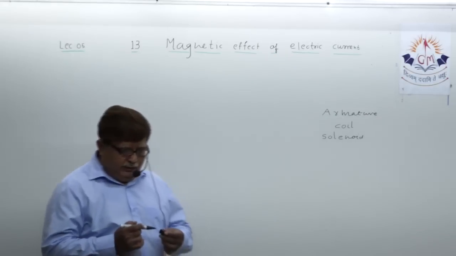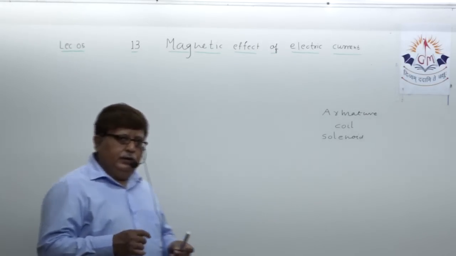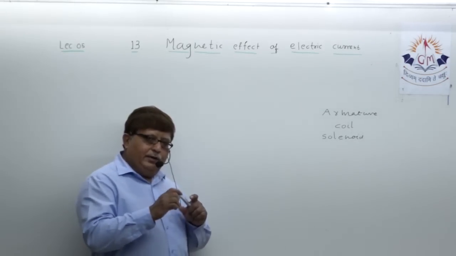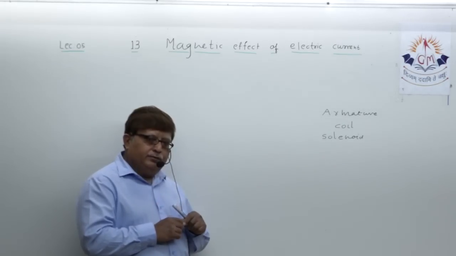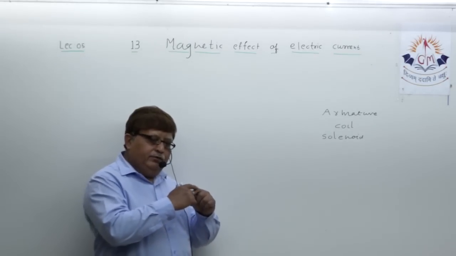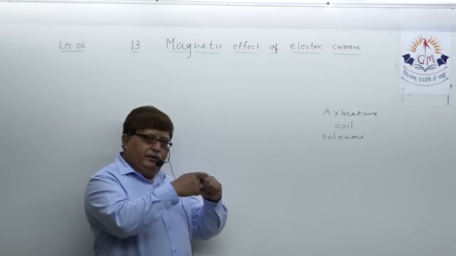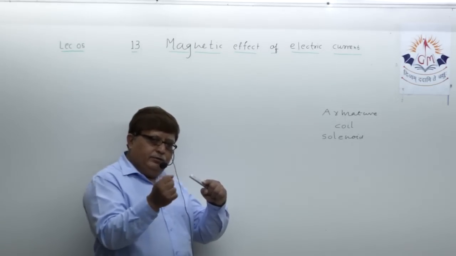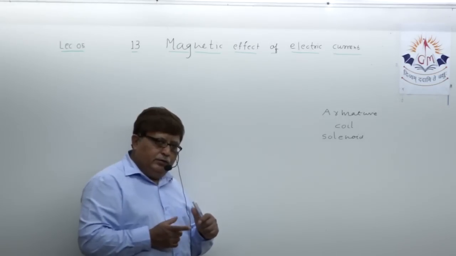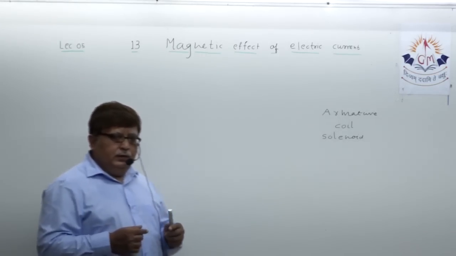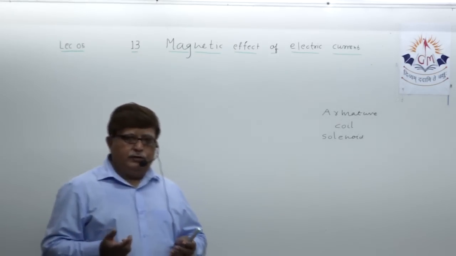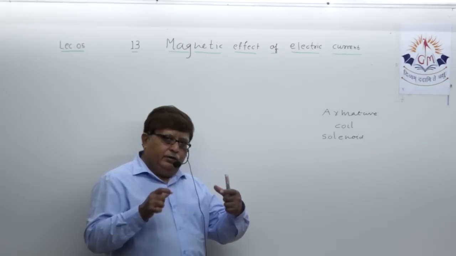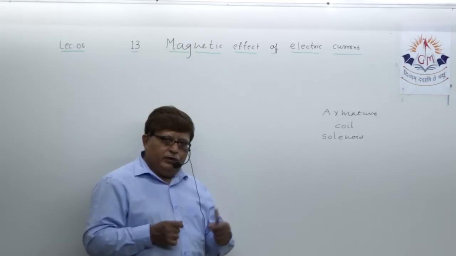You have to take any hollow metallic type of cylinder on which insulated copper wire is wound around it. That forms the armature. You may also select a hollow rectangular piece of soft iron.